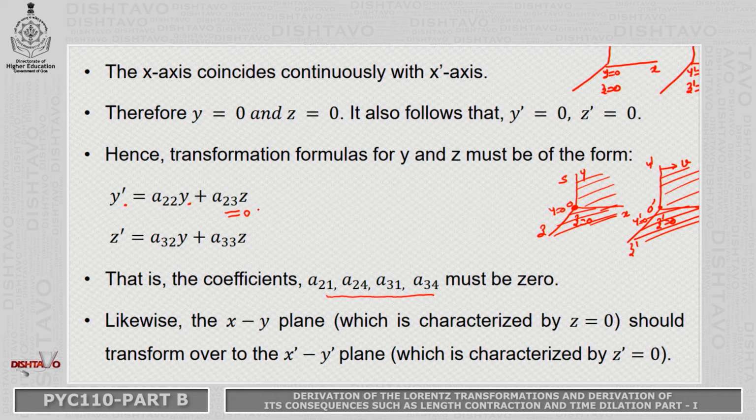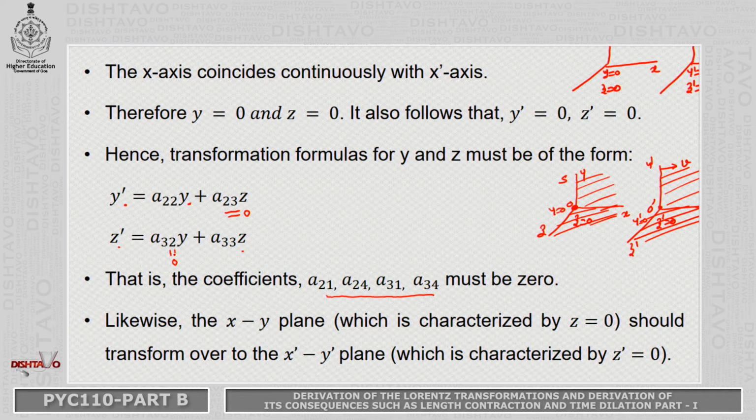So we are fixing one more constant a23 to be equal to 0. And the same is the case for the xz plane. The xz plane is characterized by y equal to 0 here, and the x dash z dash plane is characterized by y dash equal to 0 here. So in order to fulfill z dash is 0 when z is 0, this term must be 0. It should not exist to fulfill that condition. So we are fixing one more constant a32 to be also equal to 0.